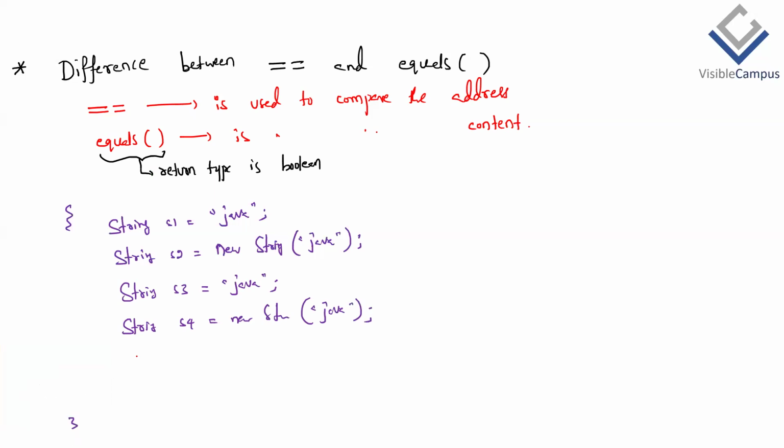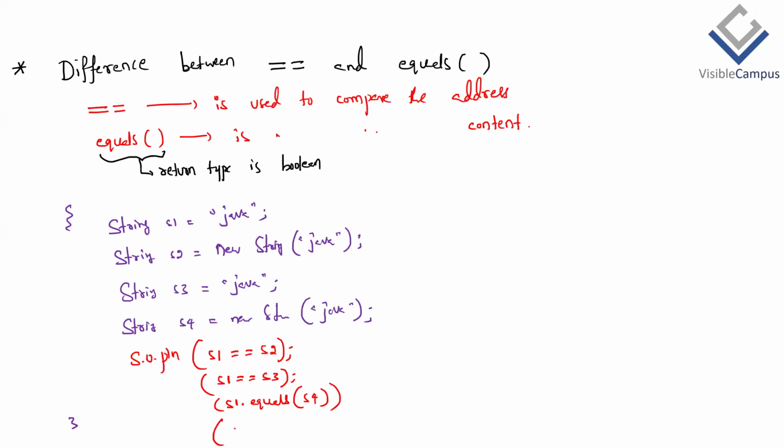Then followed by System.out.println of s1 double equals s2. Then print of s1 double equals s3. Then s1 dot equals of s4.